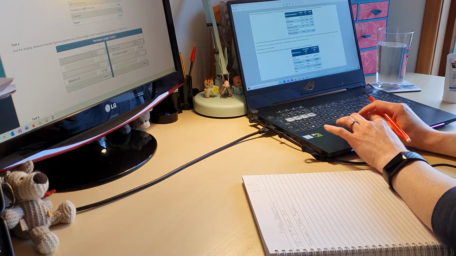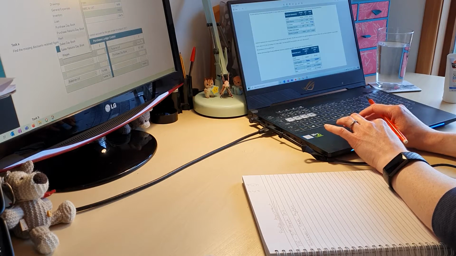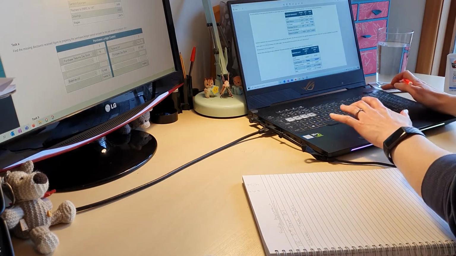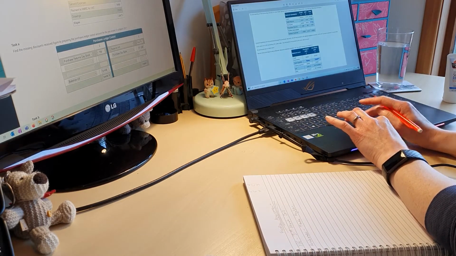Purchase returns is going to be over here. Purchase returns debit is going to be 758.